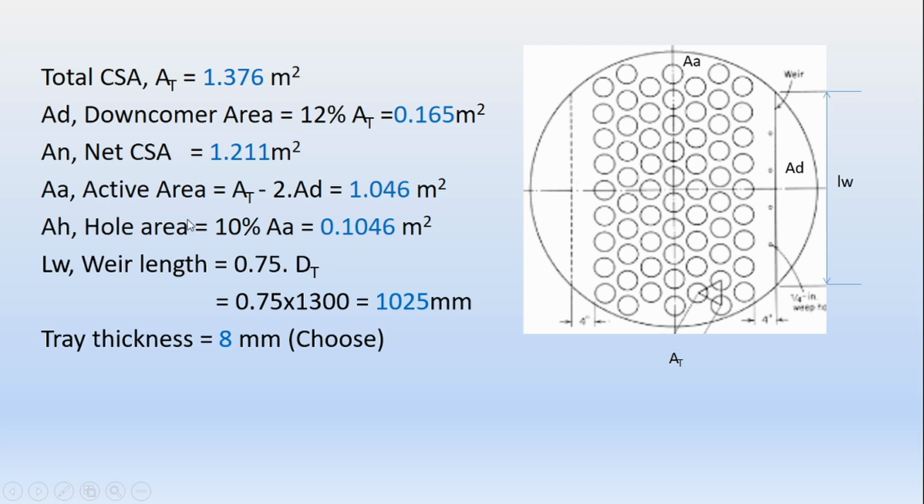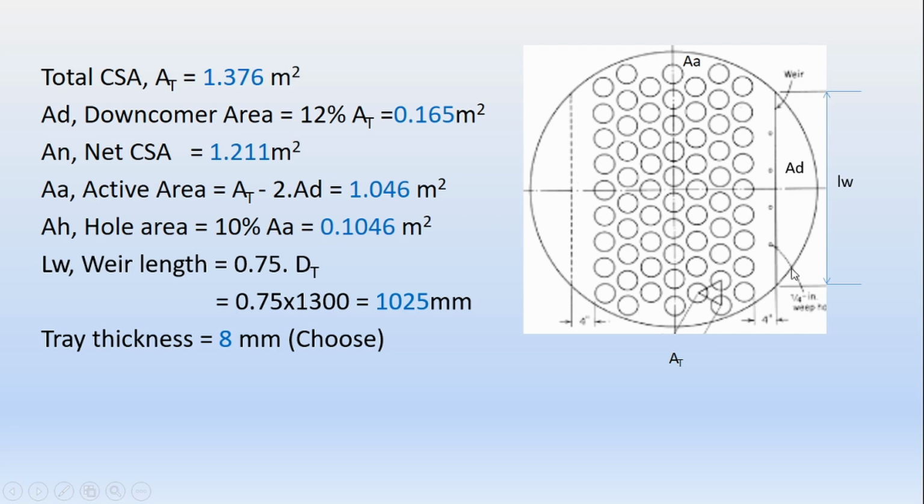The hole area is 10% of the active area, where the holes are provided in the tray. So this is 0.1046 meter square. The weir length is 75% of the diameter of the column.